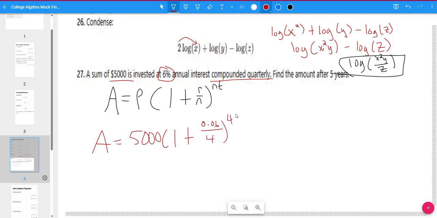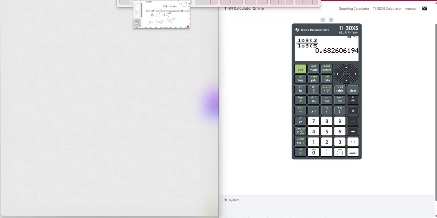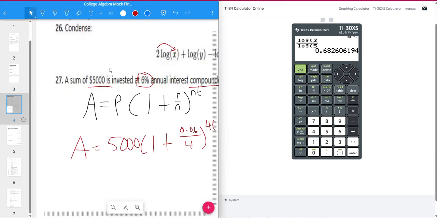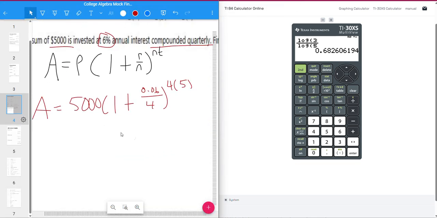Then 4 times my time of 5 years, 4 times 5. If I write that out, I get 5,000 times 1 plus 0.06 over 4.